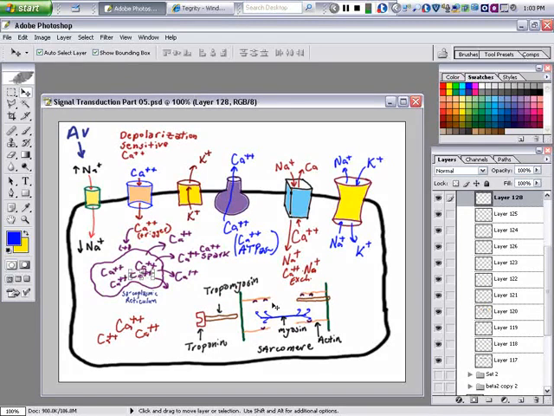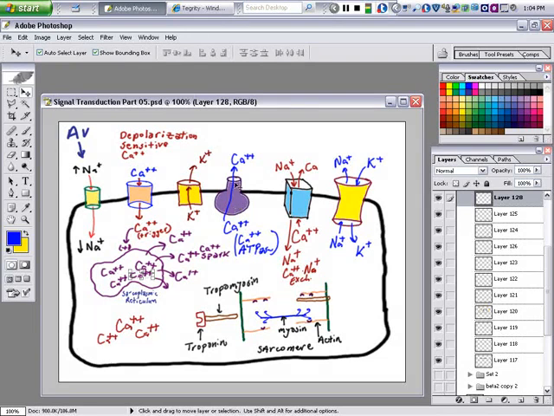Now it's time for the heart to relax. So there are going to be pumps to pump this calcium back into the reservoirs. And there's going to also be pumps to pump the calcium outside of the cell. Now, during systole also potassium was pumped outside. So now what you need to do is get the sodium, get things back to normal.